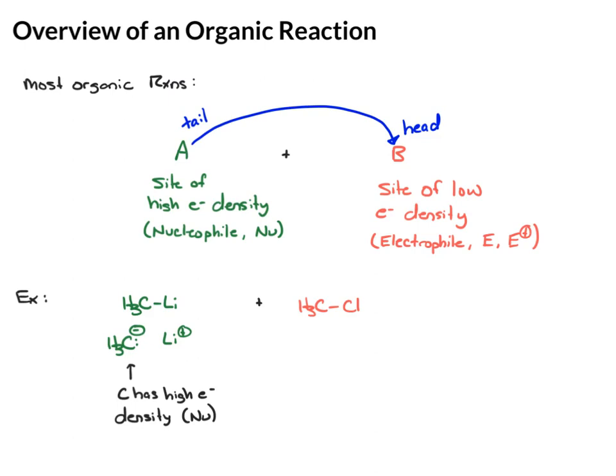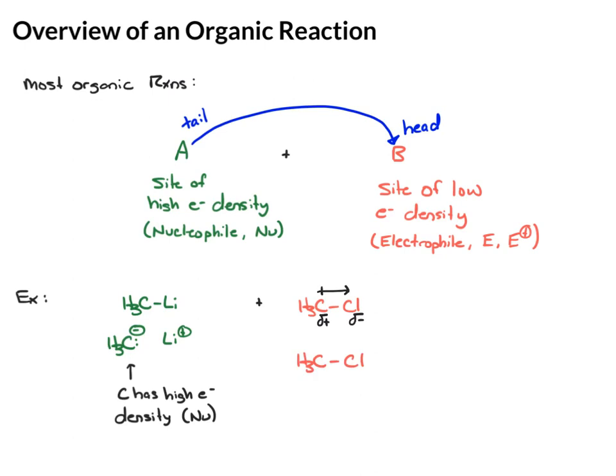Then when we look at the chloromethane, the carbon is bonded to a nonmetal. So we can't break that apart. But what we can do is say that there's a dipole here pointed toward the chlorine. And that means the chlorine's pulling electrons towards itself, and it becomes partially negative. The carbon is therefore partially positive.